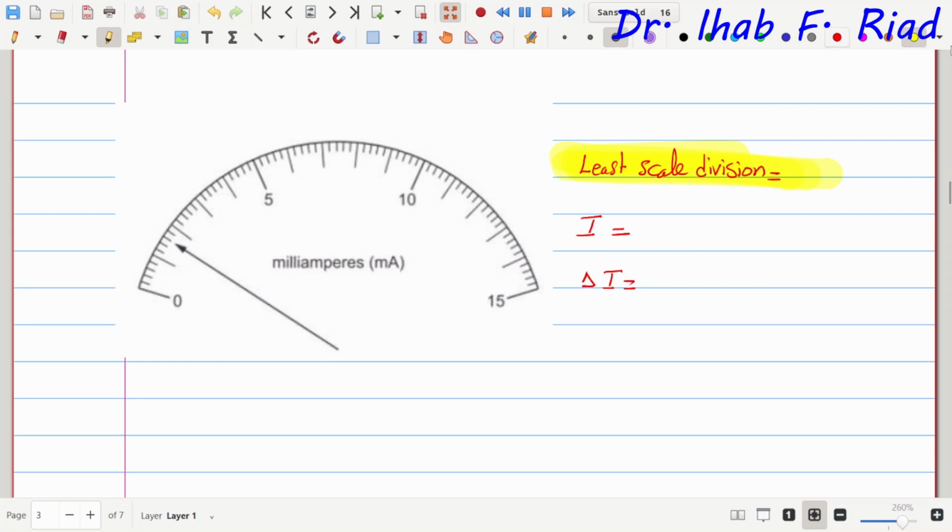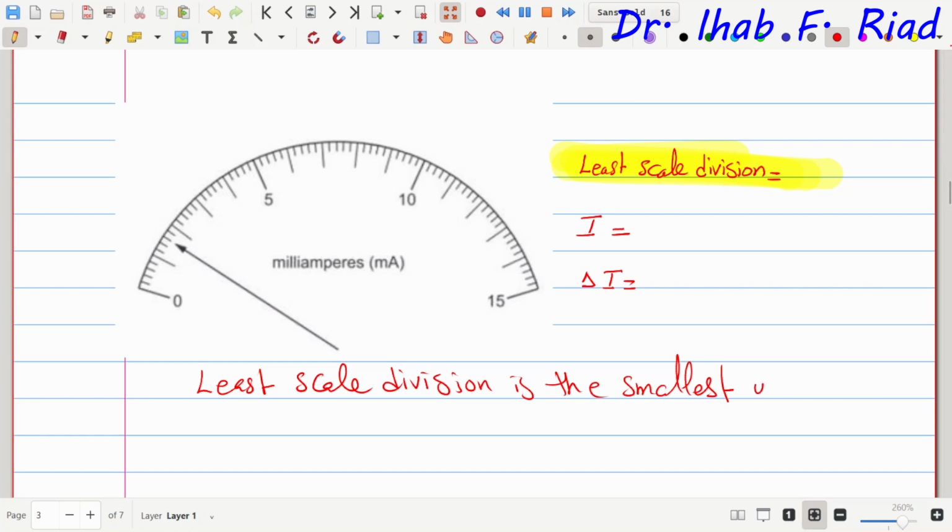It means the smallest, least, sorry, least scale division is the smallest unit that can be measured with a certain scale.